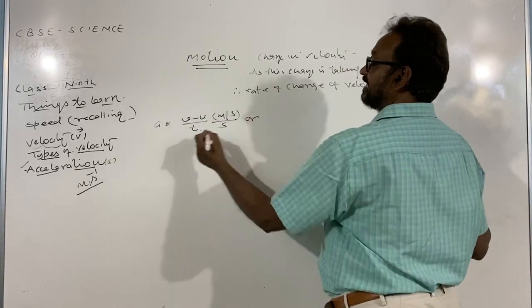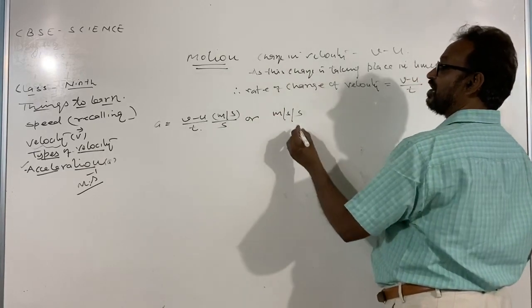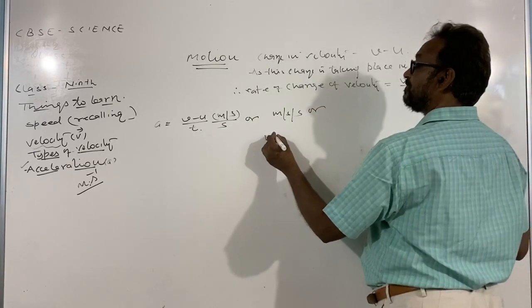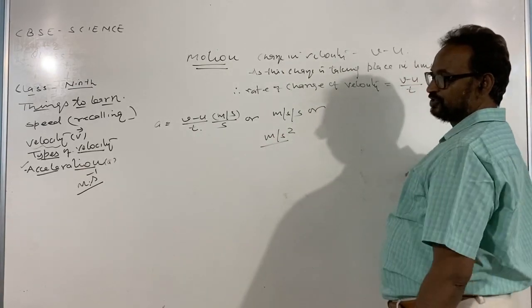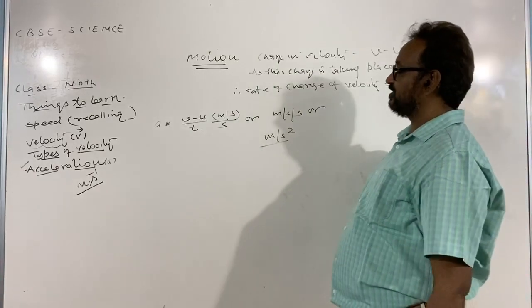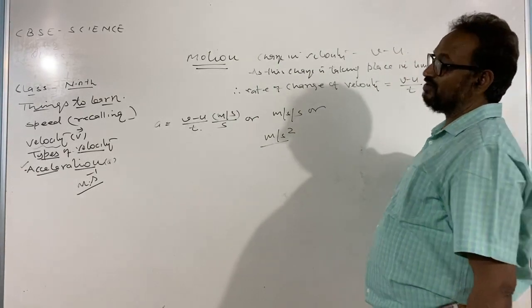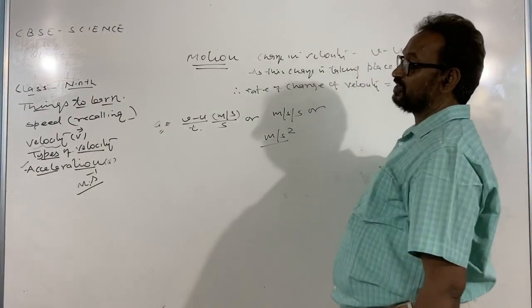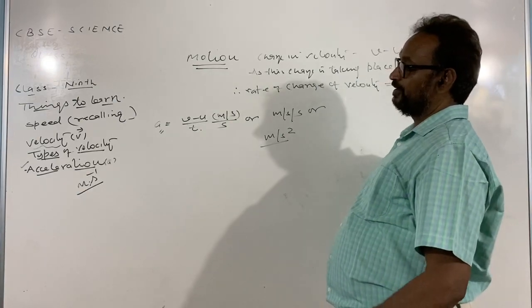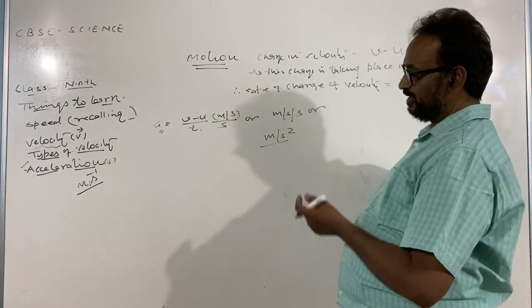Therefore, SI unit of acceleration is meter per second per second or simply meter per second square. Now, acceleration is a vector quantity. Therefore, acceleration of a body can be positive or negative.